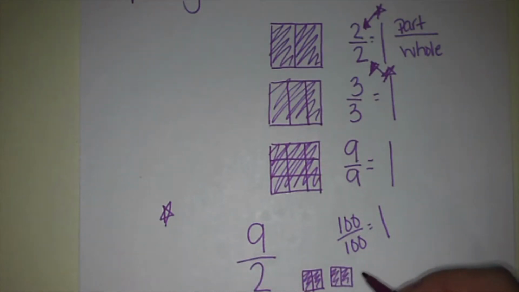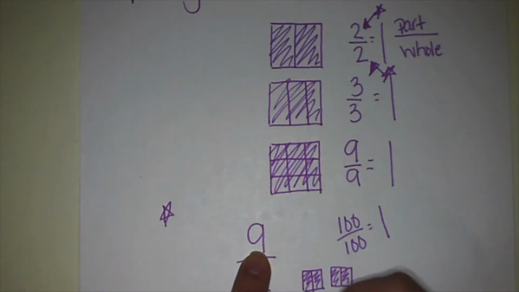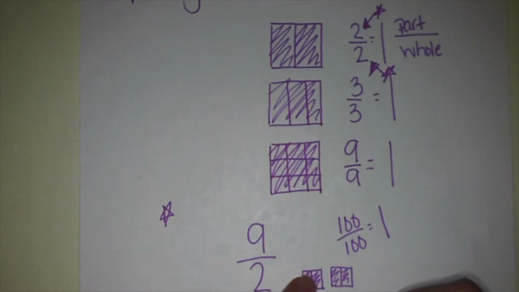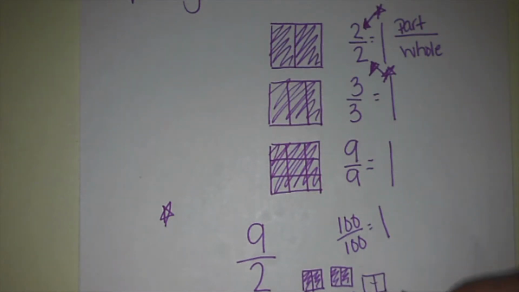Now I have 1, 2, 3, 4 pieces. Still not enough. I need 9. So let's draw another whole. Partition it into 2 pieces, shade them in. 1, 2, 3, 4, 5, 6. Still not enough. So 6, 7, 8. Still not enough. 9.